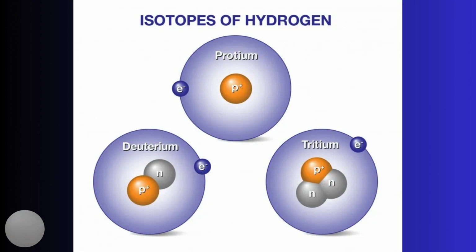Kung protium, from the word pro, usa ka proton. Kung protium, usa ka proton and electron. But when I say deuterium, from the word deu, it's like 2. So, sa usa ka nucleus, naay proton ug neutron. Kung tritium, usa ka proton ug duha ka neutron.